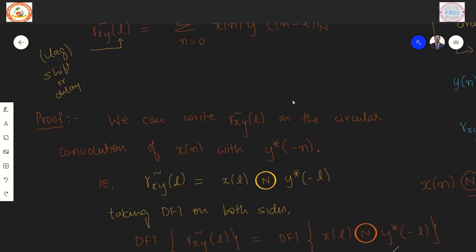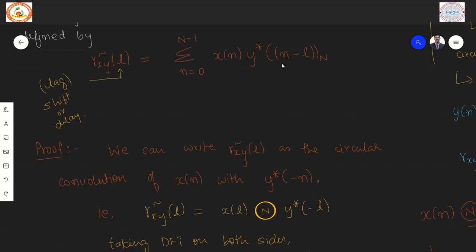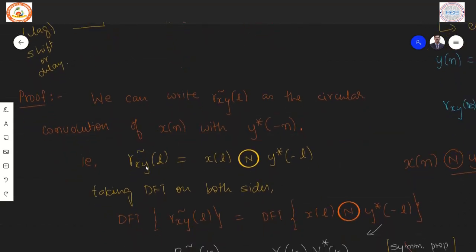As we had described, the difference was the second term being conjugated and the absence of the step which is called reflection or folding. So to compensate for that effect, if we convolve x of n with y conjugate of minus n, then it will become a correlation. Therefore, we can express Rxy tilde of L as x of L convolved with y conjugate of minus L.